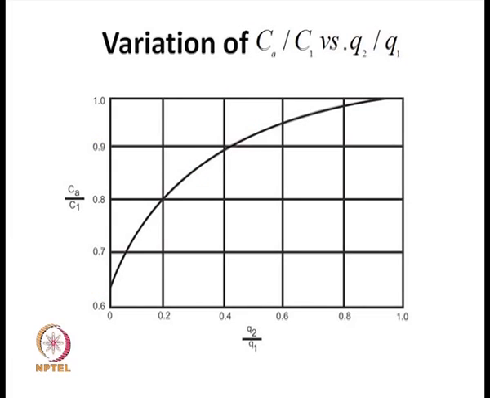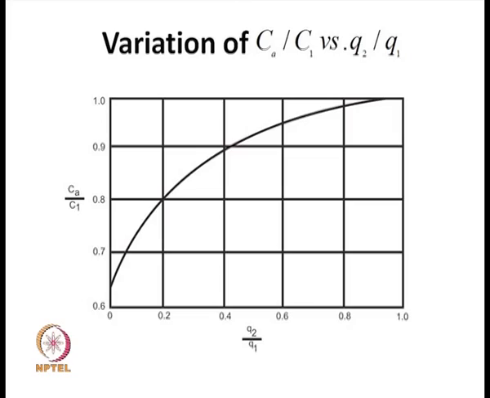Now, the last case is when the top layer is cohesive soil, because the top layer is stronger saturated clay, where phi 1 is 0. Then how do we calculate these properties? Because here phi 1 is 0, you have to use this chart, since in that case we should know the Ca value.